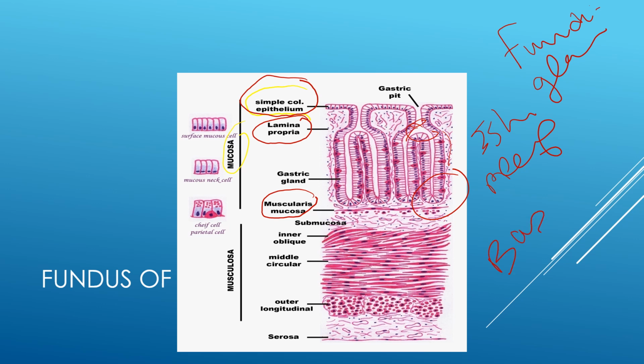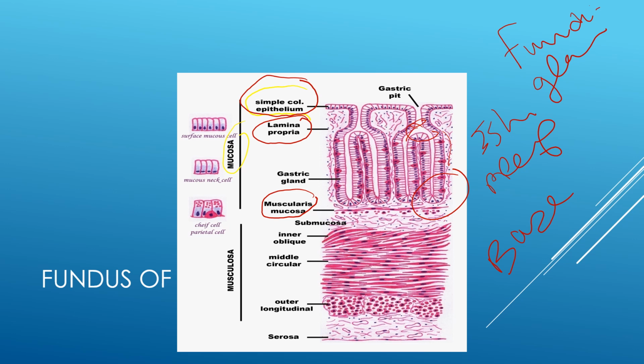So here in this photo, we have a fundic gland. What is the fundic gland? An invagination of the epithelium, which becomes tubular and branched, opening to the surface by a gastric pit. This pit, which is the opening, is short, narrow, and perpendicular to the surface, occupying a quarter of the gland. What are the parts of the fundic gland?